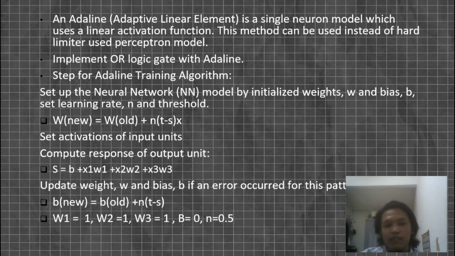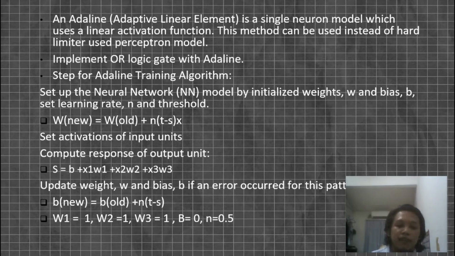The formula is weight new equals weight old plus N times (T minus S) times X. The net input is S equals B plus X1 times W1 plus X2 times W2 plus X3 times W3. To update the weight W and bias B, if an error occurred for this pattern, B new, which is the bias new, equals bias old plus N times (T minus S).